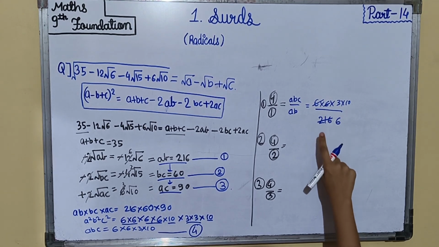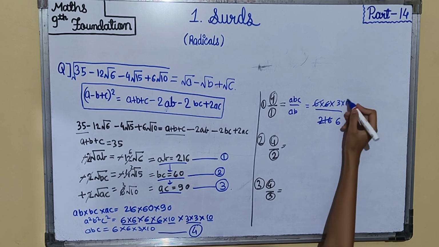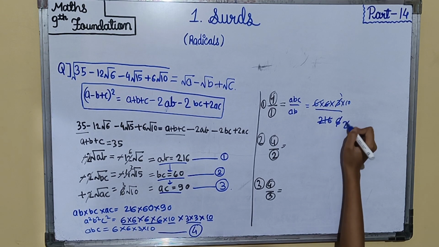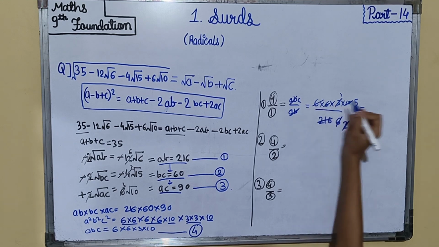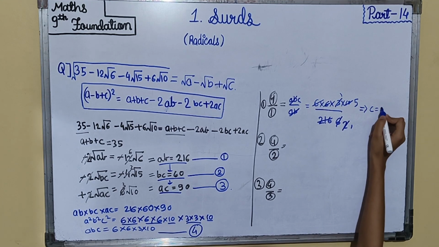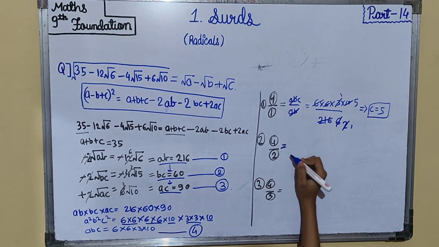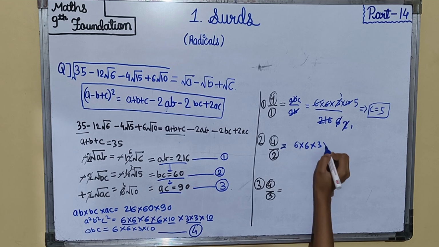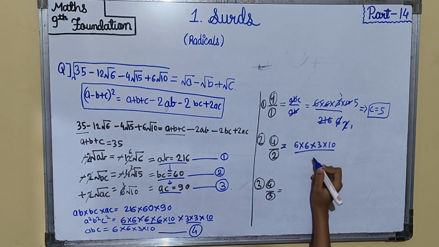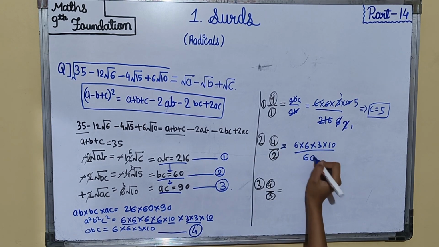So 6 into 6 is 36, and 36 divided by 216 gives 6. 3 ones are 3, 2 fives are 10. This ab and ab will get cancelled, so the value of c would be 5. Now 6 into 6 into 3 into 10 upon bc, which is 60.